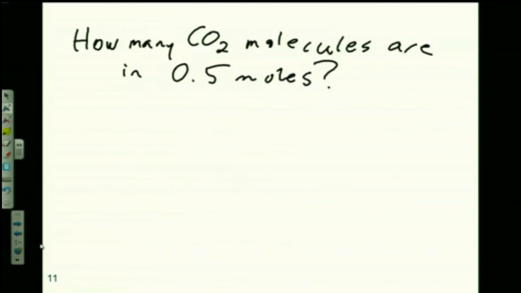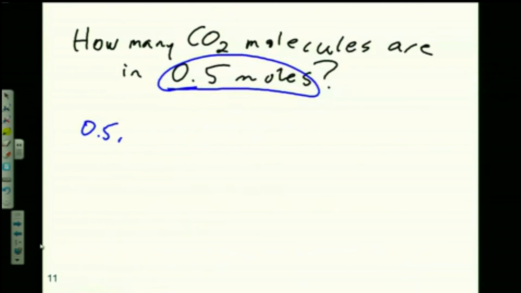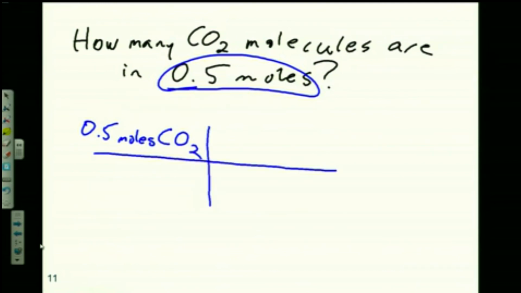Well, we only have 1 number, so why don't we start there? 0.5 moles of carbon dioxide. Then what are we going to do? We want to find what? Molecules.